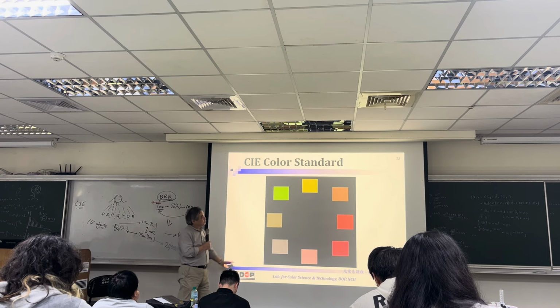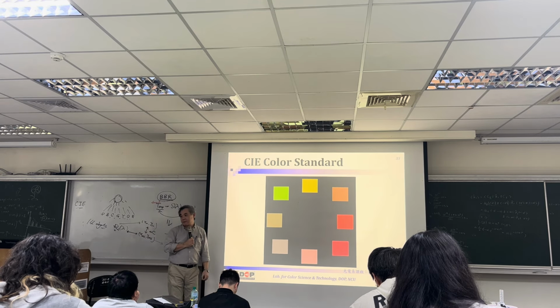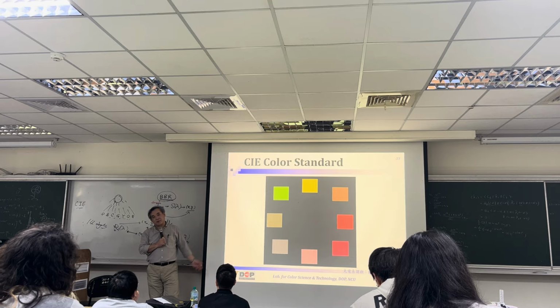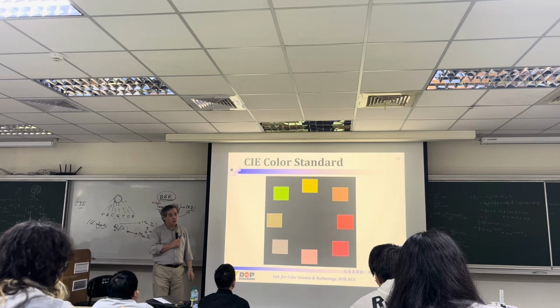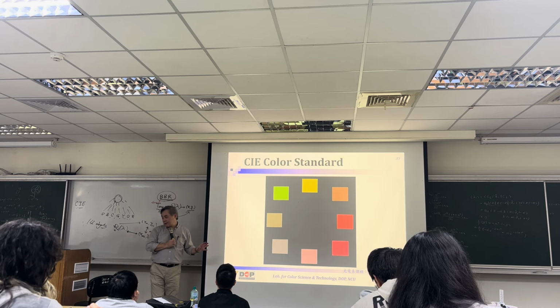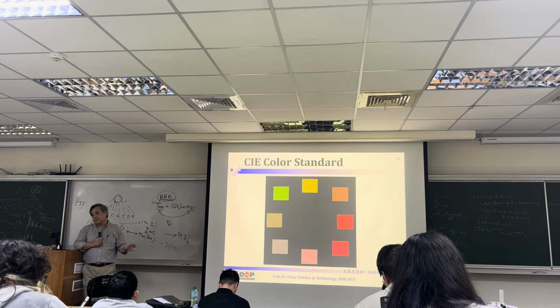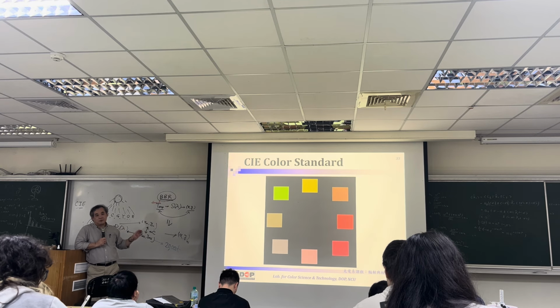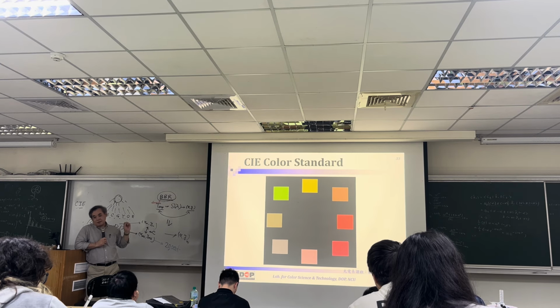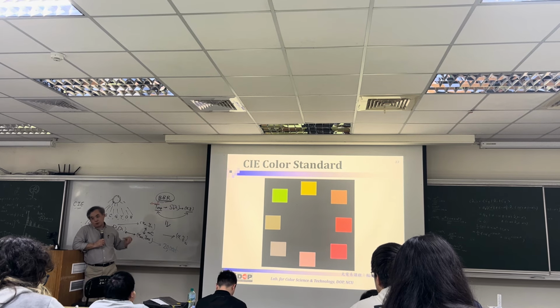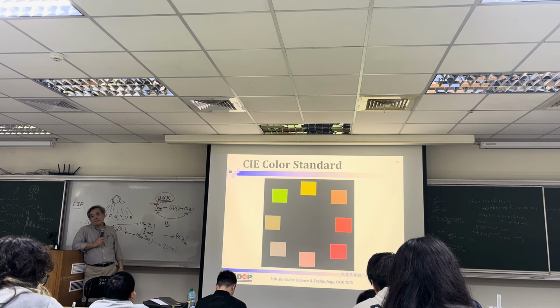Right now, nobody knows how to have this kind of color sample. So CRI index, we never really measure. We cannot measure the CRI. We can only analyze and by calculation to have the CRI. Okay?